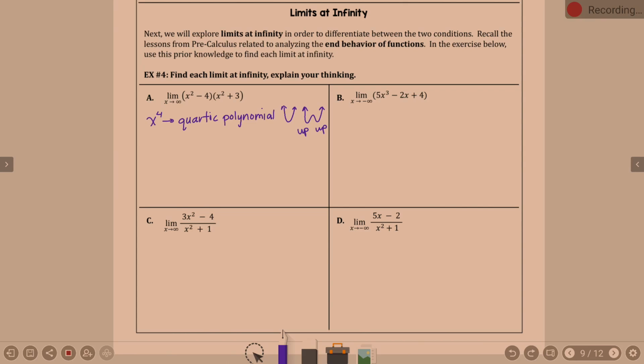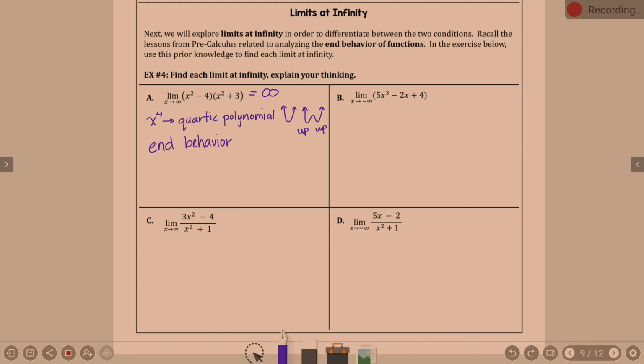I'm trying to decide how I want to write this because I don't like how I have this written in my notes. It's going to go to infinity is definitely what I would say: limit as x approaches infinity equals infinity. I'm just going to write end behavior here, because that's what it's called when you look at the type of function.